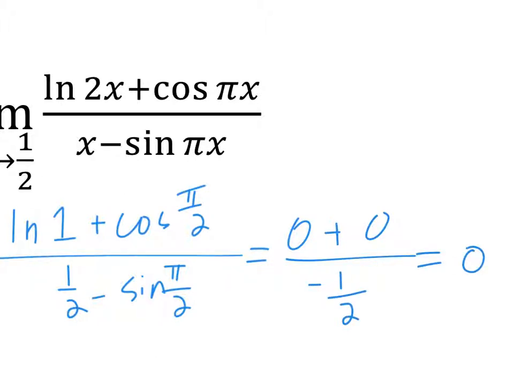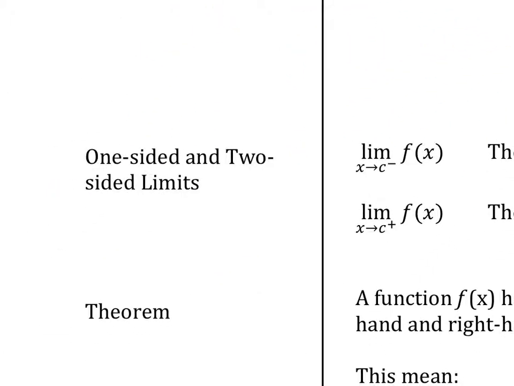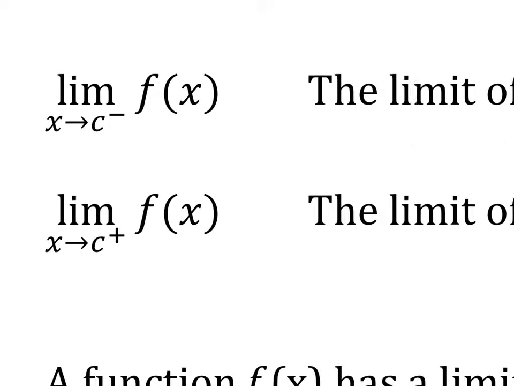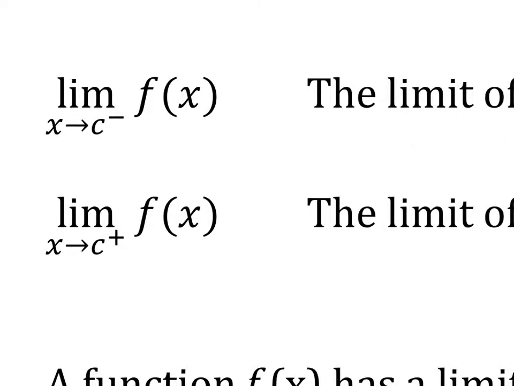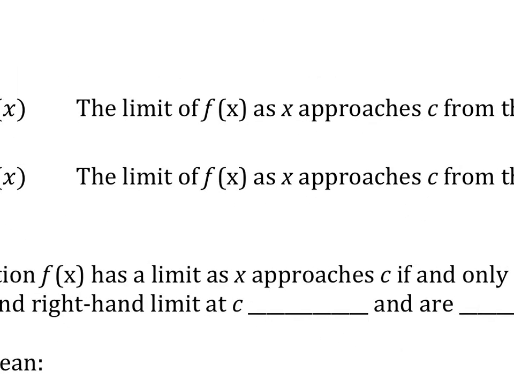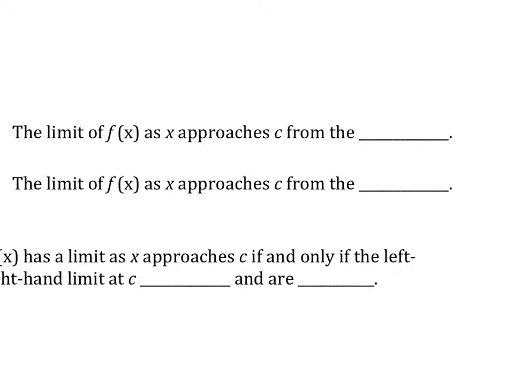Okay? All right. Next, one-sided versus two-sided limits. So we talked about this again in chapter 1 where we had to go to an asymptote from the left-hand to right. It's the same thing. So the limit as x goes to c minus. Minus means the left-hand side. So we're coming from the left-hand side. The question is, where is y going to? Okay, so the limit of f of x as x approaches c from the negative side.